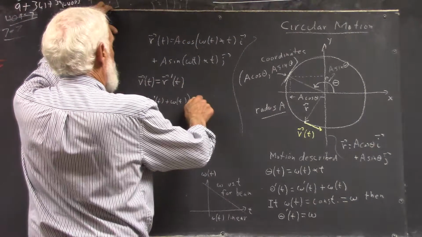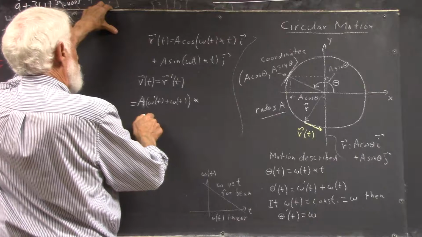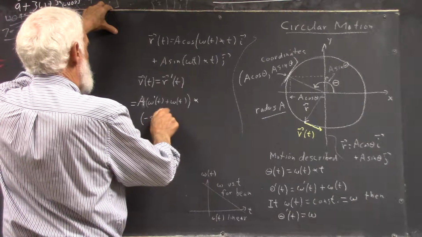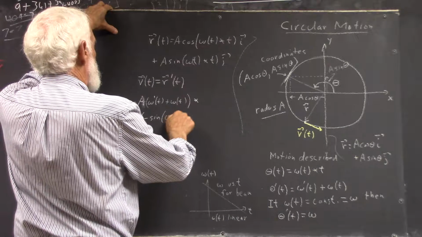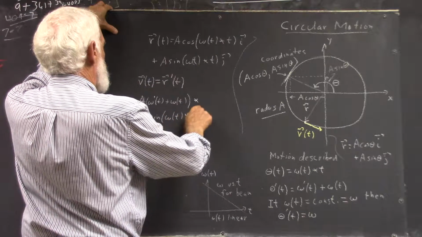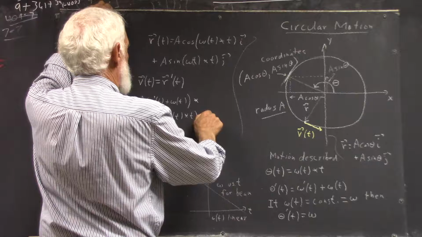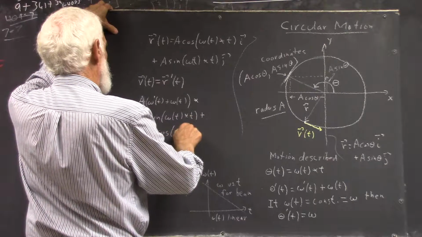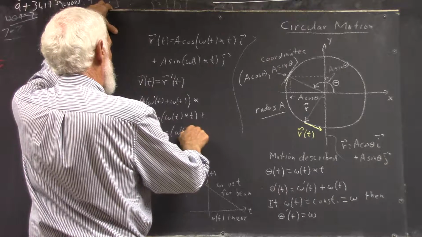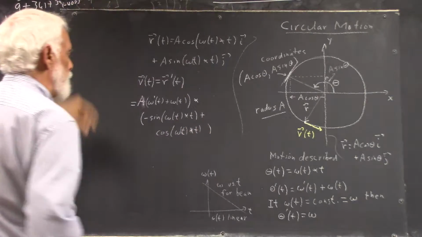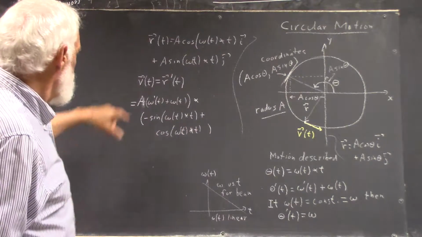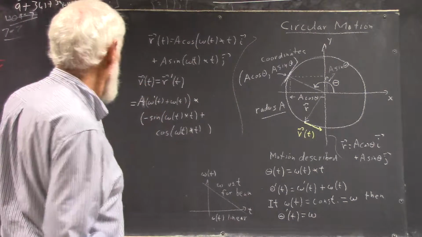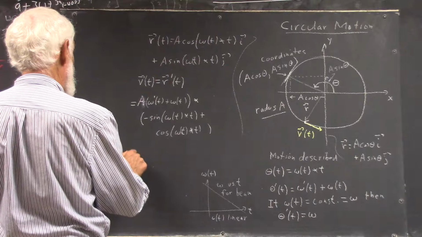So it's this times negative sine of omega of t times t plus the cosine of omega of t times t. Okay, that's the general form for the velocity, and you also have an acceleration function.